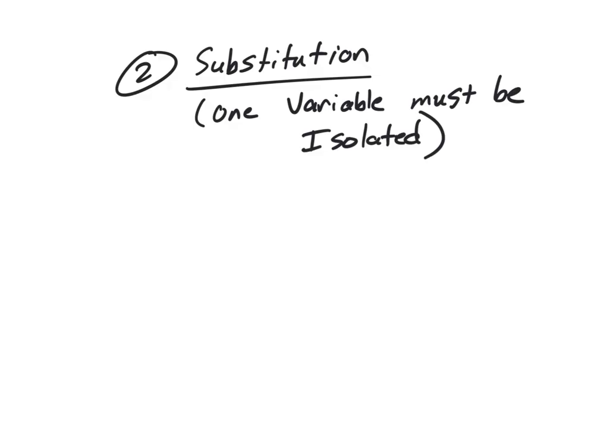And what that means is one of the variables has to be by itself. So either the x or the y has to be by itself. And it doesn't matter which one. And I'll show you here in a second which one to choose.